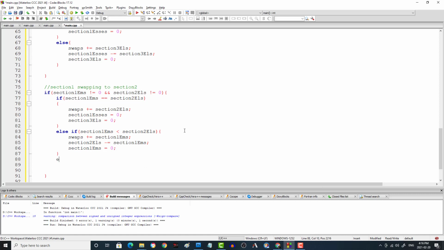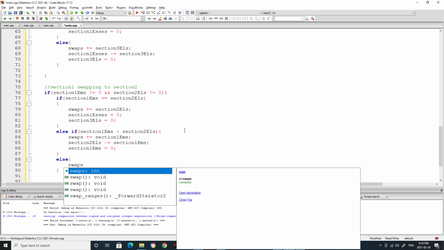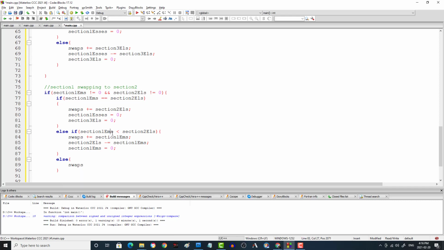Okay, and then finally we can say else. The only other possibility is that if there's not equal and there's not fewer M's than L's, then there must be fewer L's than M's. We don't need a condition for that because it's just an else. So there are more M's. Remember, we can only ever swap the smaller amount.